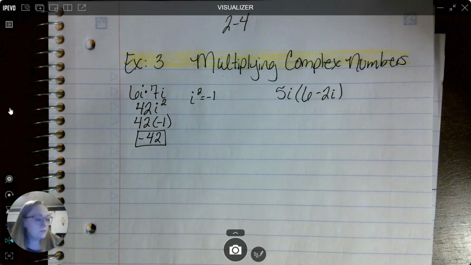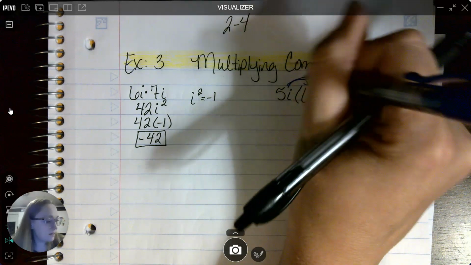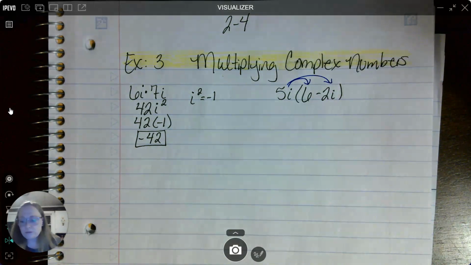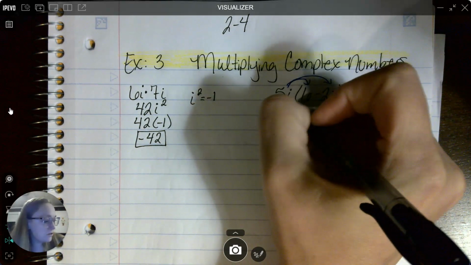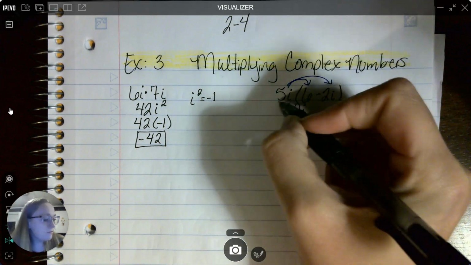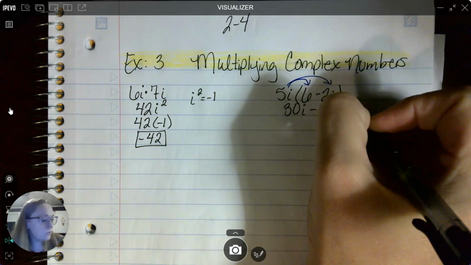Okay, next one. You'll notice we have a term on the outside, and we will distribute. So we see our distributive property show up here. 5 times 6 is 30. Keep your i. 5 times -2 is -10, and i times i is i squared.